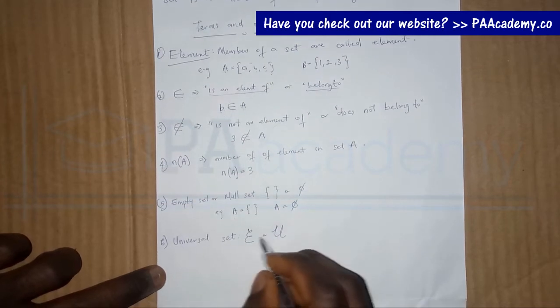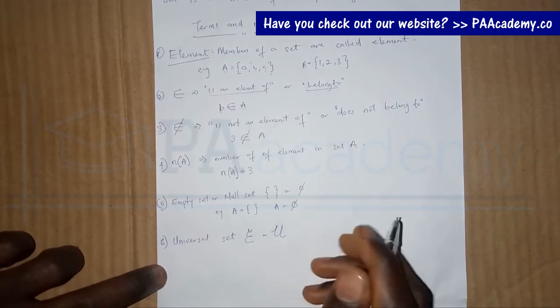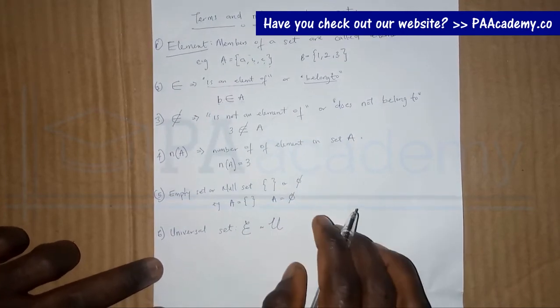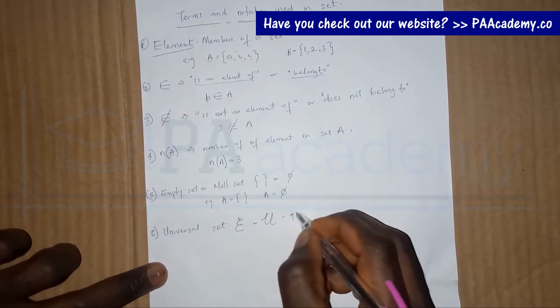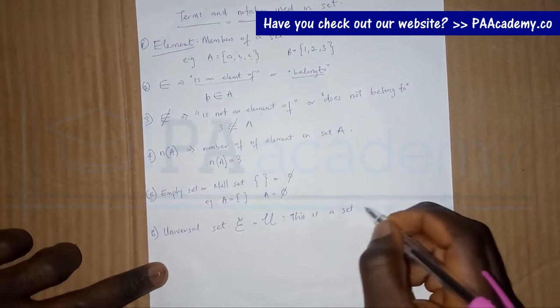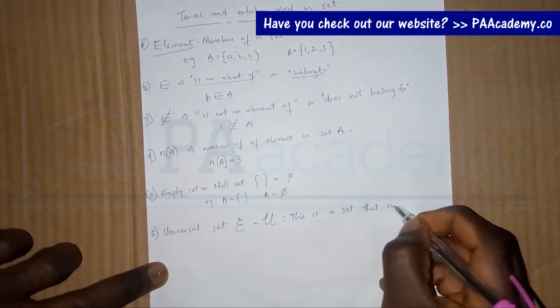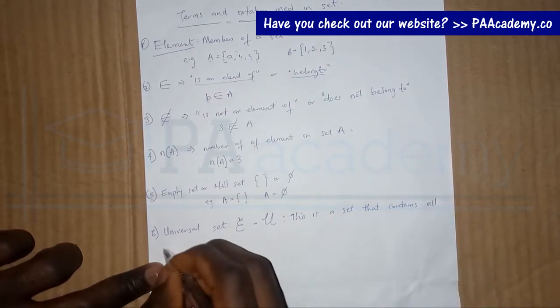It's either a kind of E like this or a kind of U that looks like this. If you are to define it, this is a set that contains all the elements.